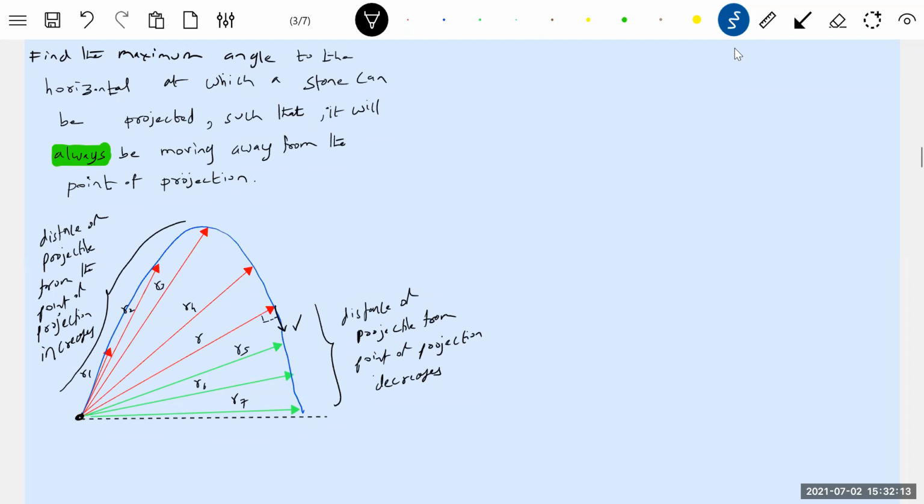Somewhere it becomes maximum. So here where it is maximum, R bar is perpendicular to V bar. So here is what the situation will arise. I'll give some specific color. After this, what will happen? It will decrease here. This is what happens here.